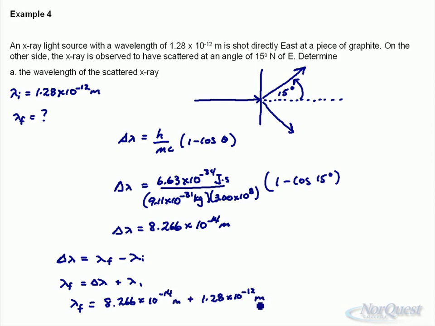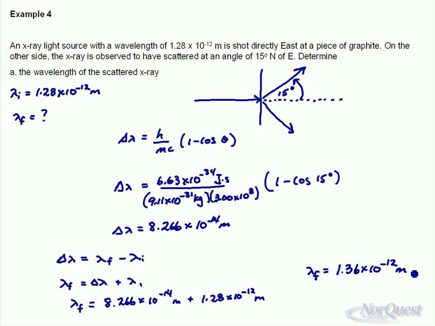Adding that should give you 1.36 times 10 to the negative 12 meters. There's our final wavelength. We'll carry that to the next part of the question.